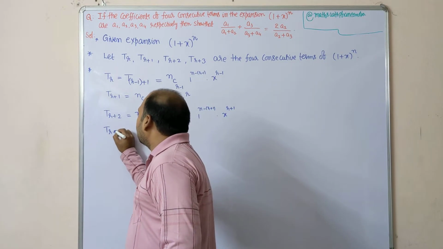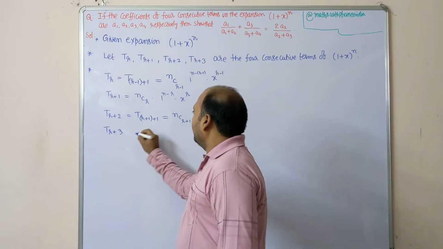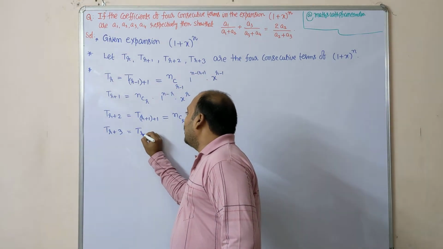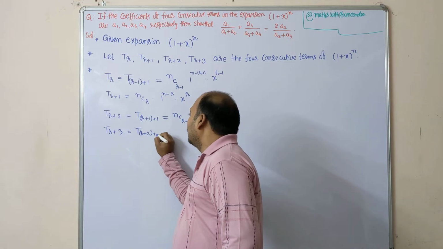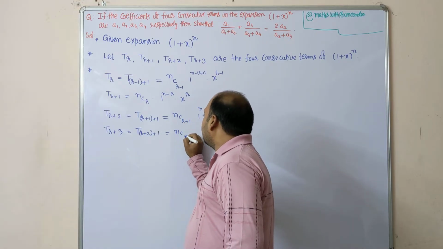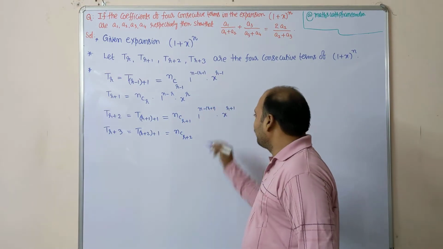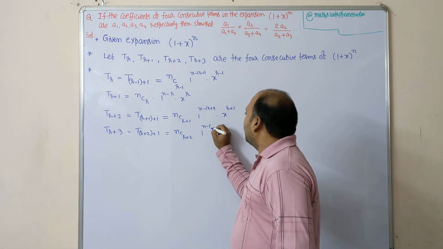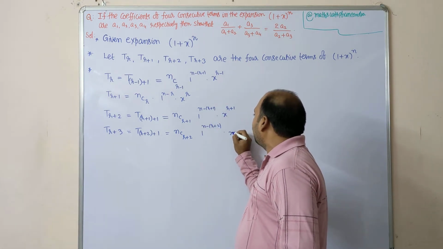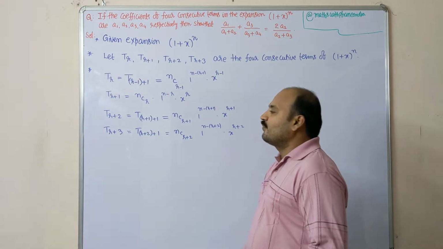So T(r+3), the last one, can be written as T((r+2)+1), which is equal to nC(r+2) 1^(n-(r+2)) x^(r+2).